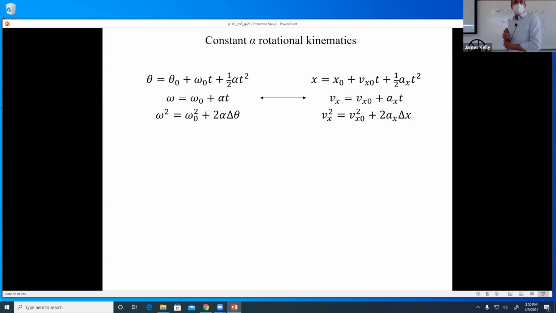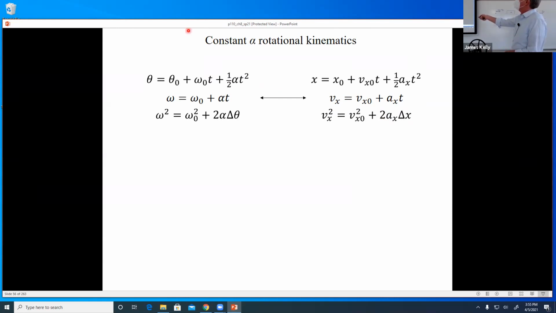Exactly the same derivations, but just with the names changed, would follow from the assumption alpha equals a constant over here. If you've got constant angular acceleration, that might mean that something starts from rest and keeps speeding up and speeding up in a constant way, the same way something might speed up with constant linear acceleration moving on the x-axis.